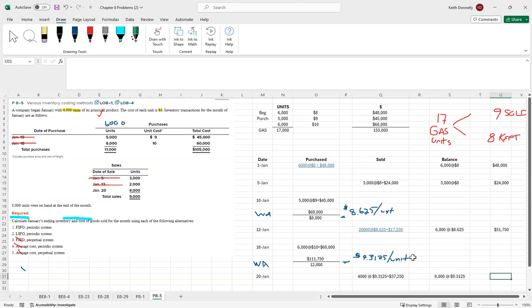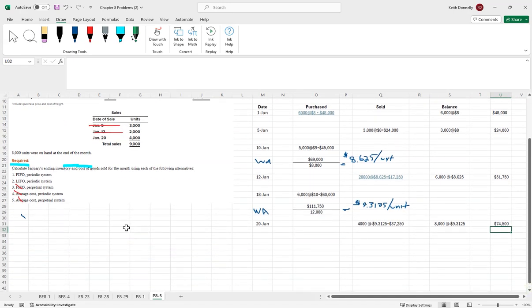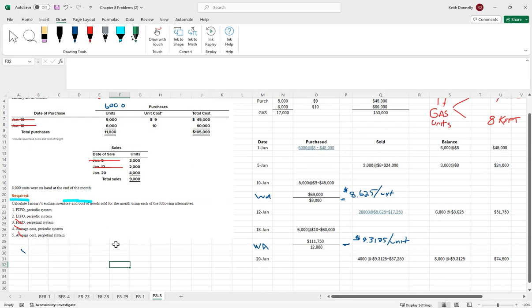That's going to get us an ending inventory here of $74,500.